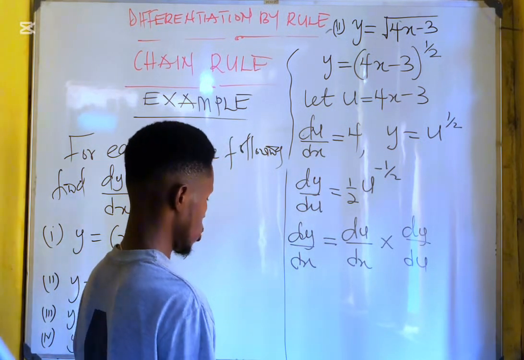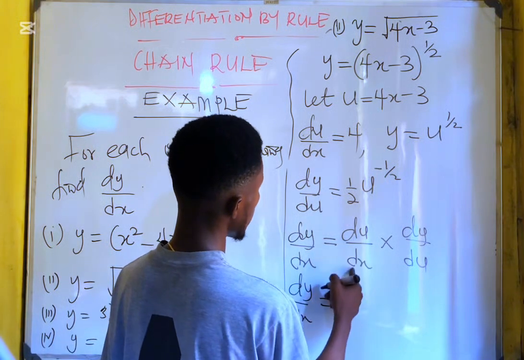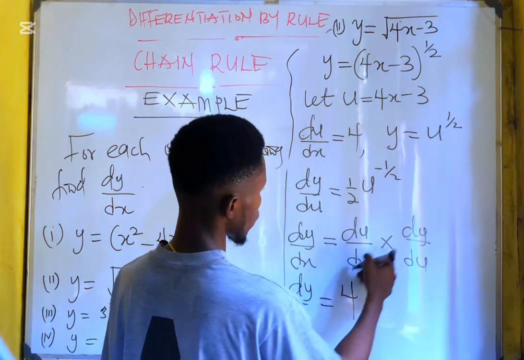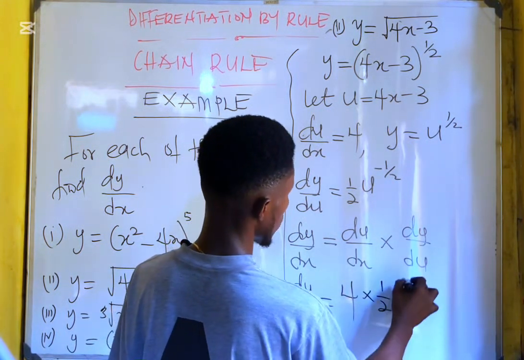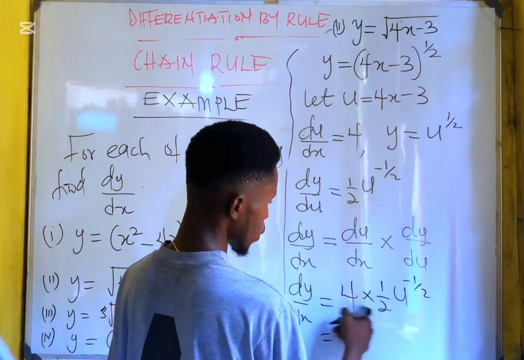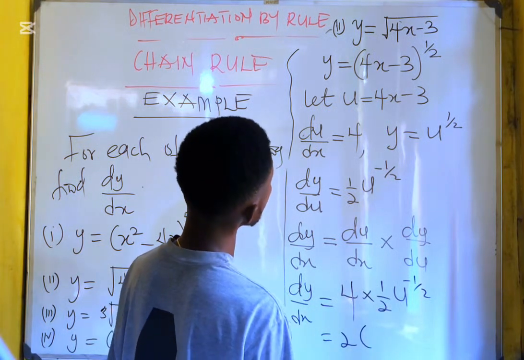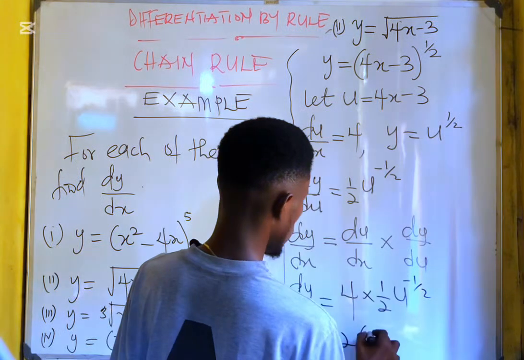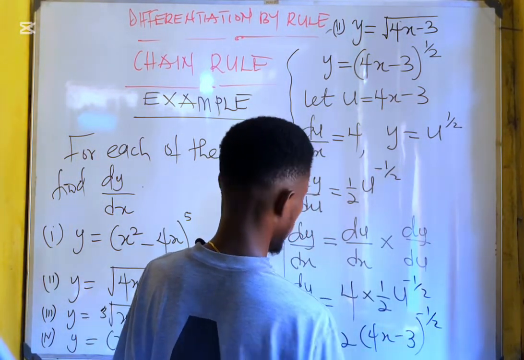Okay, so dy/dx equals du/dx, I had 4 there, times dy/du, which is half u to the power negative half. So my final answer becomes 4 times half is 2. And u, we know that u was given as 4x minus 3. So 2 times 4x minus 3 to the power negative half.